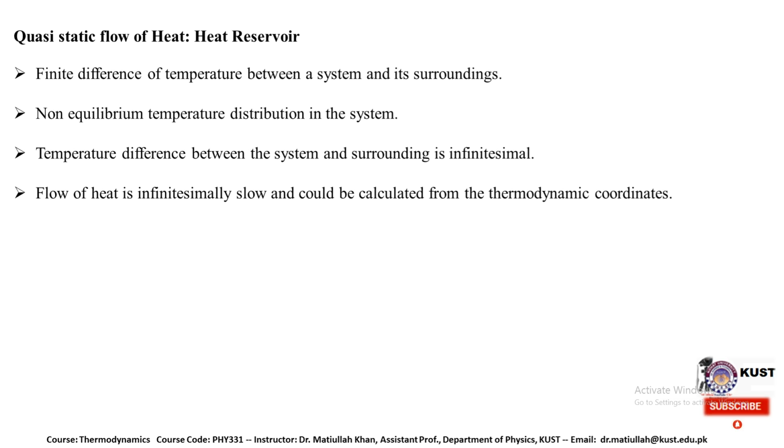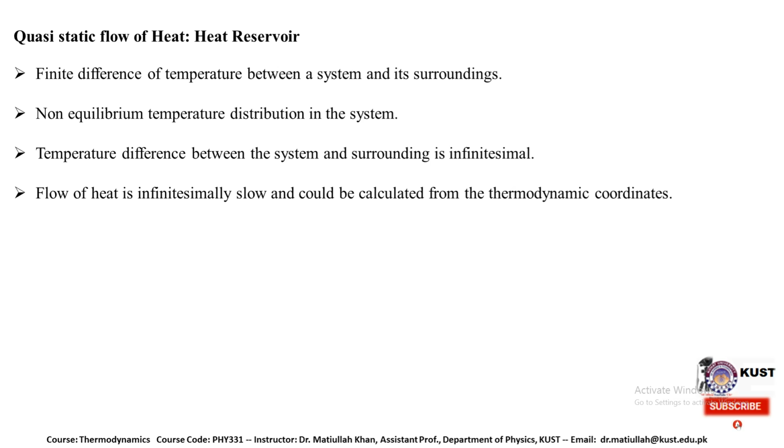The other thing we need to know is the quasi-static flow of heat, that is, the heat reservoir. How can we explain the quasi-static flow of heat in the case of a heat reservoir? There is some experimental background we need to know, and from that we can discuss this topic.